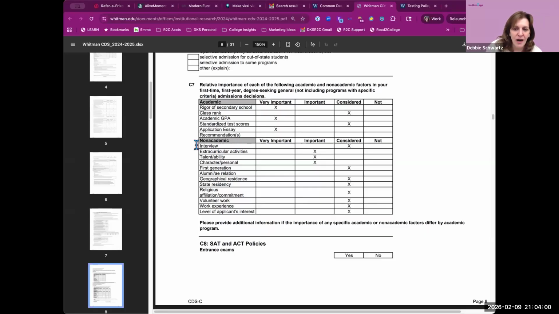So some schools are giving interviews. Some schools weight the interviews differently, but a lot of schools these days, of course because of COVID, dropped interviews. But I guess Whitman is saying if you can get an interview, they will consider it, but it's not as important as some of the other factors.